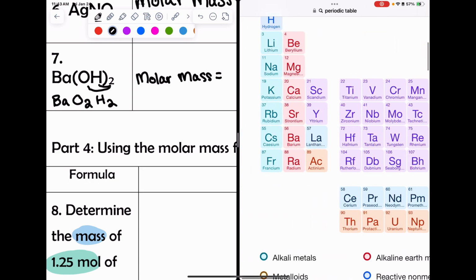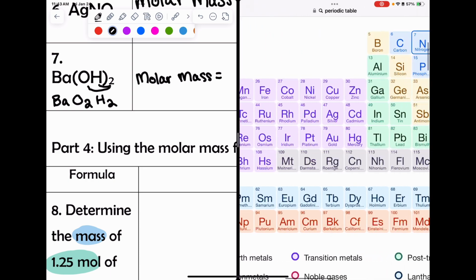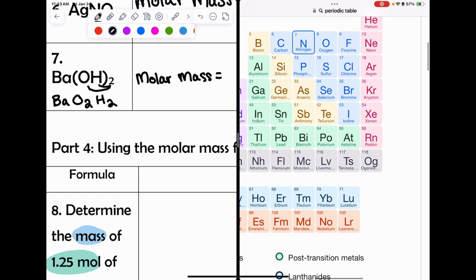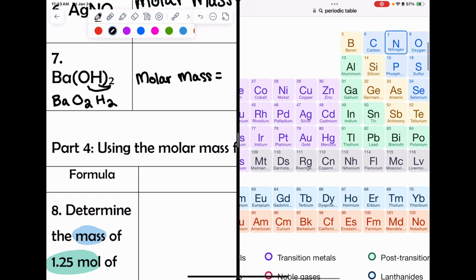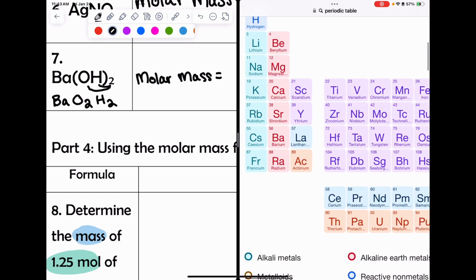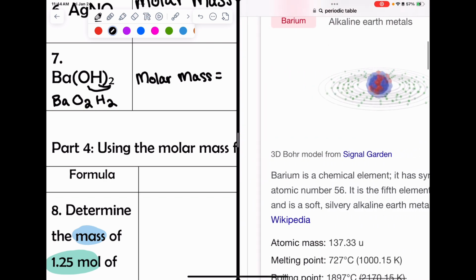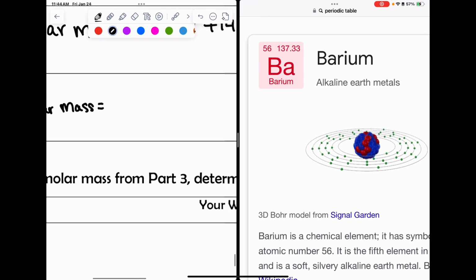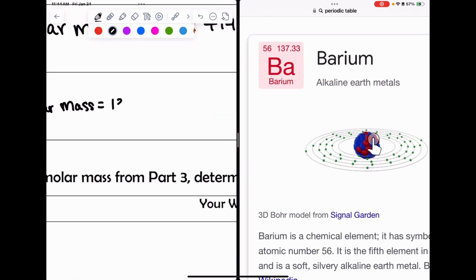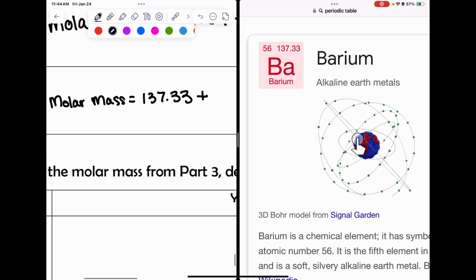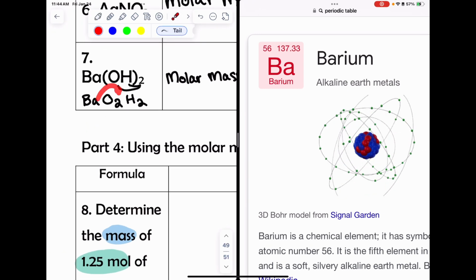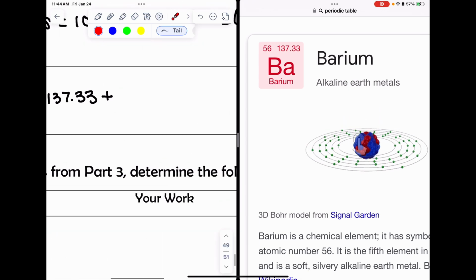All right, barium, Ba, where you at? There you are. All right, barium. Barium has a mass of 137.33. Next, we have 2 oxygen. So we're going to have to multiply the mass of oxygen by 2.